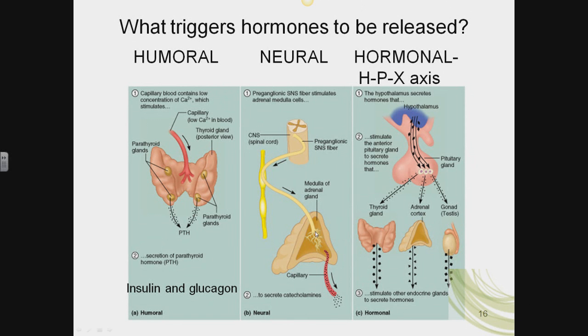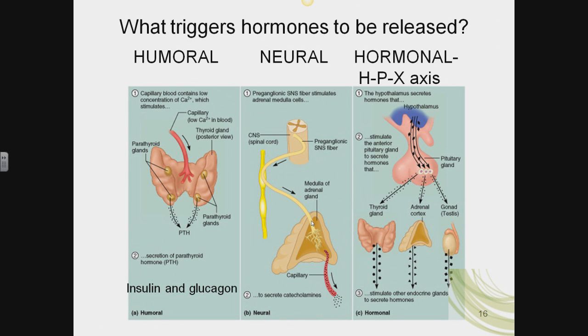So in the picture you're seeing the adrenal medulla. The adrenal medulla versus the adrenal gland. What is that? Adrenal gland means adrenal cortex and adrenal medulla. This picture shows nerves terminating in the adrenal medulla. The adrenal medulla is technically an extension of the nervous system.